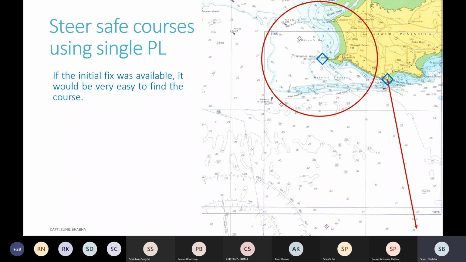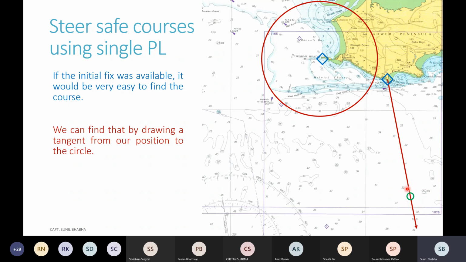Now you see in this scenario, if the initial position was given to us, it would be very easy for us to find the course. We can easily find a safe course to steer by drawing a tangent from our given position to this safe distance circle. Let me show you how. Let's assume we are given an initial fix.